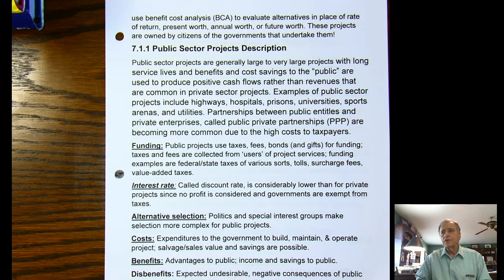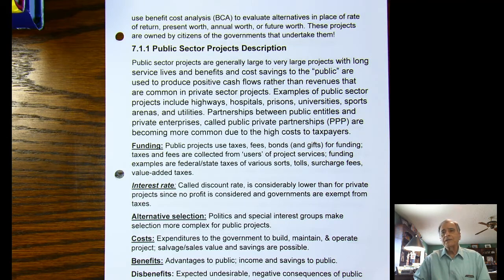The alternatives are selected. Sometimes in public sector projects, the alternative selected can be influenced by politics, whereas that's not so much the case in private sector. It's generally profit, a private company is interested in projects that will increase their profits.